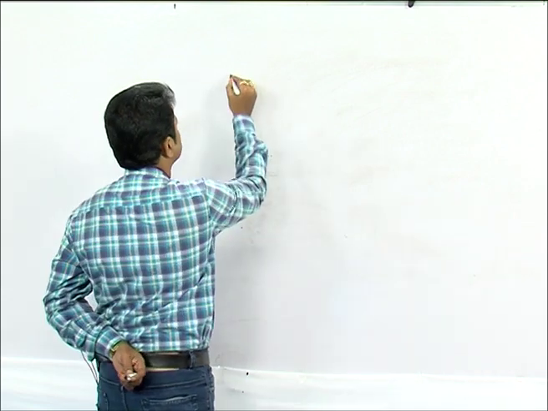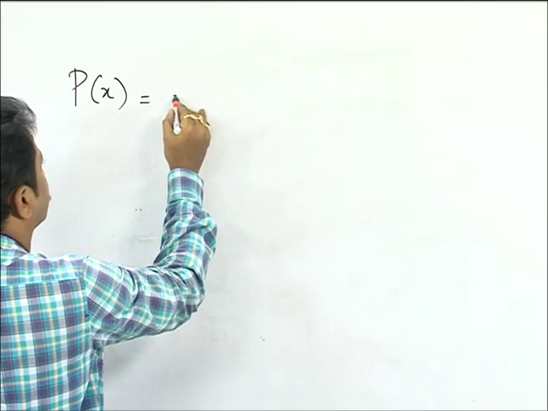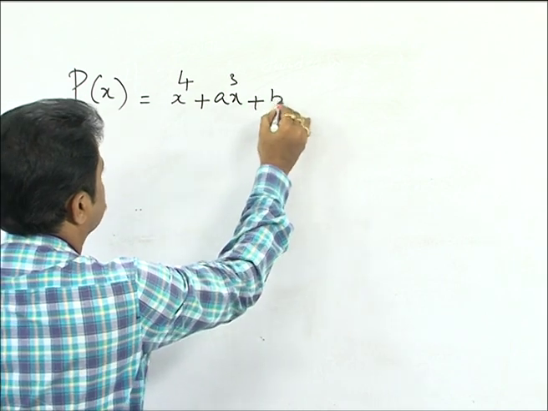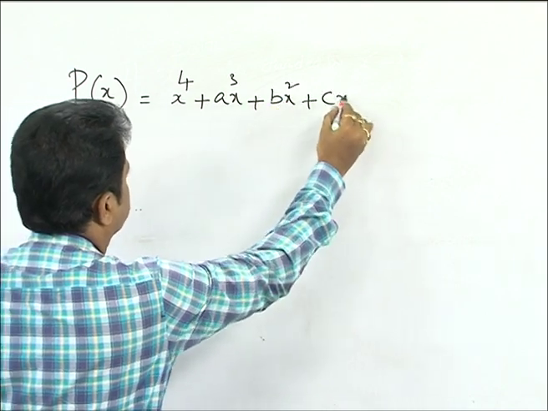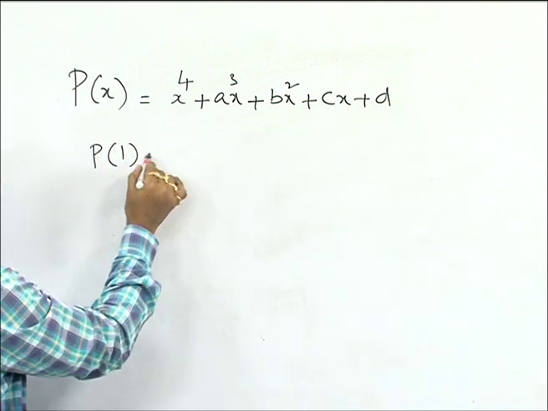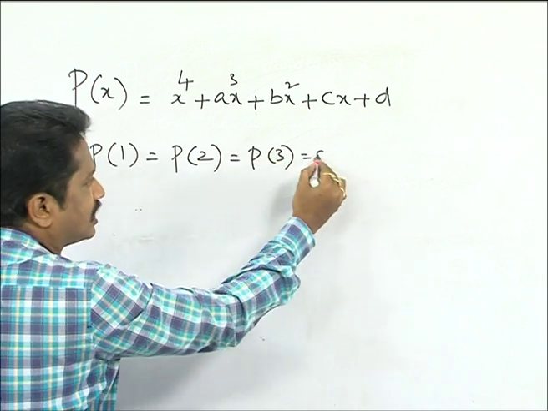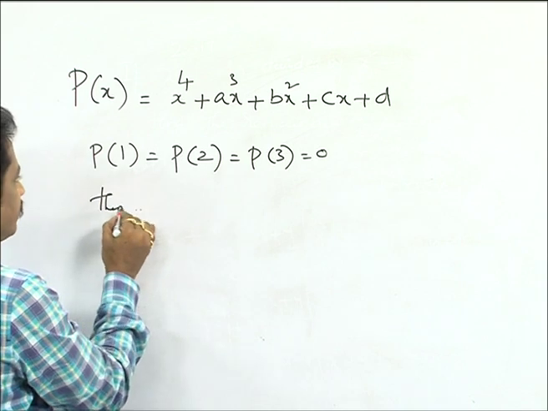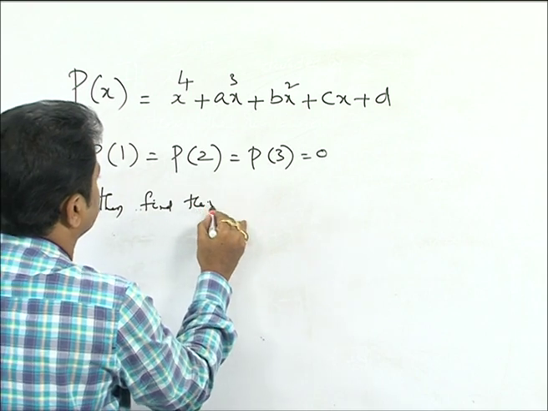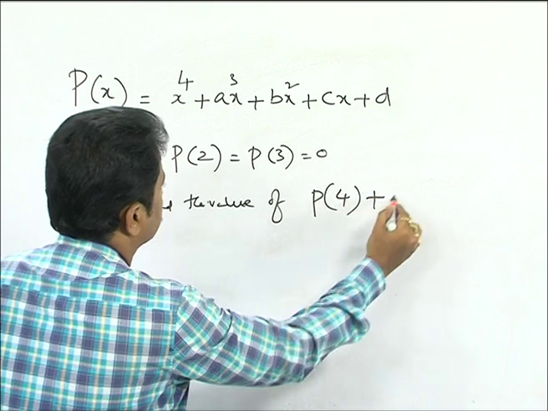The question is: if p of x is equal to x to the power of 4 plus ax cube plus bx square plus cx plus d, and p of 1 equal to p of 2 equal to p of 3 equal to 0, then find the value of p of 4 plus p of 0.